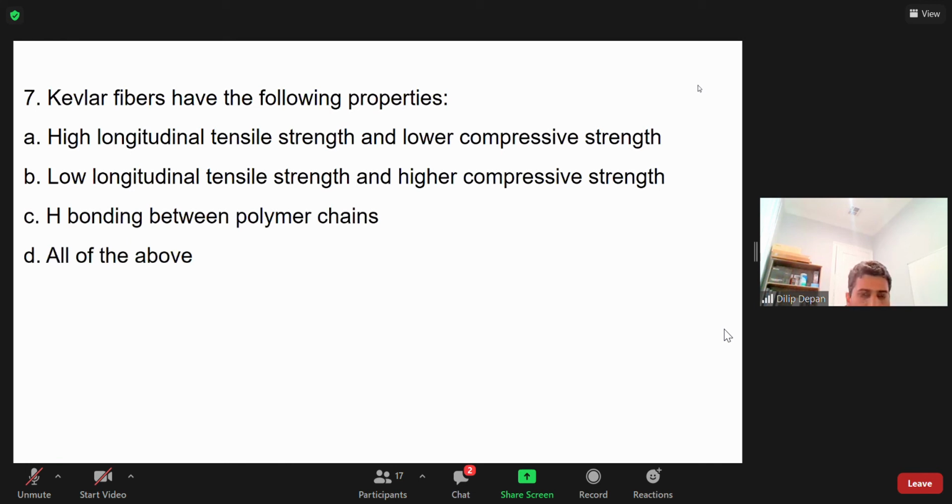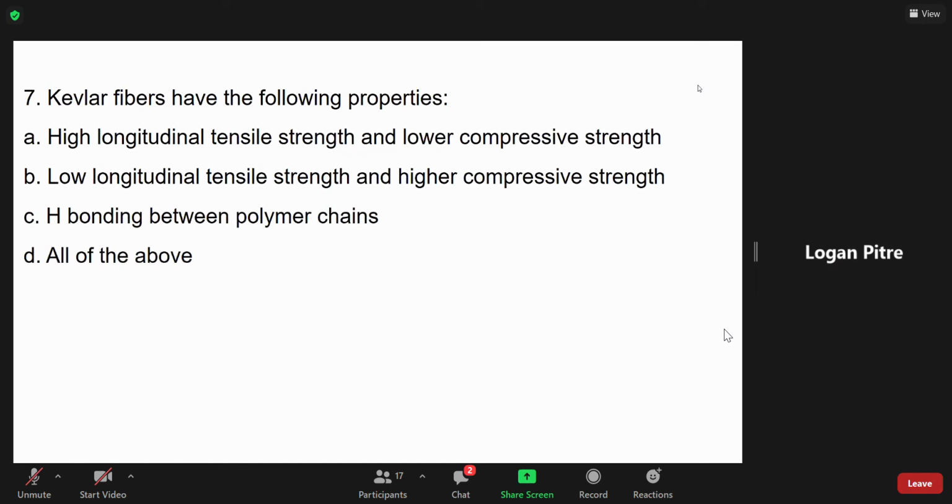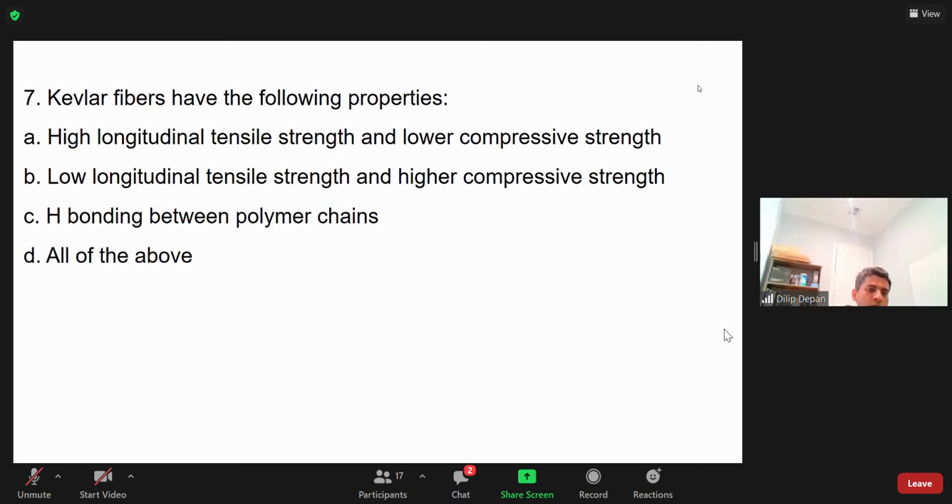Abigail said A, which lists what Kevlar fibers have: high longitudinal tensile strength and lower compressive strength. Logan, is that just A, or is there any other correct answer here? If there were to be another correct answer, I think it'd be C. Yes, C is also a correct answer, because they have hydrogen bonding between polymer chains.